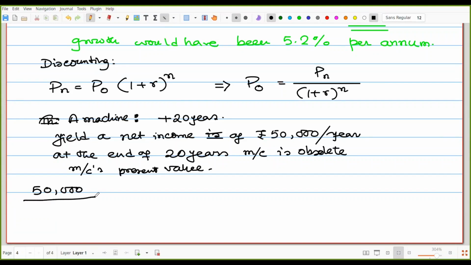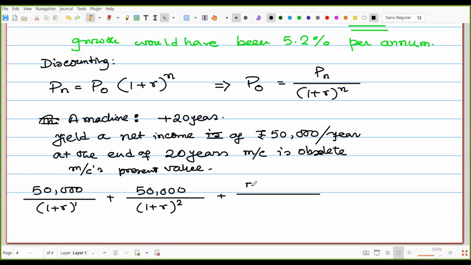We can use it in this way: 50,000 for the first year, divided by 1 plus R whole to the power 1. Then for the second year, the net income is also 50,000, divided by 1 plus R whole to the power 2. Then 50,000 divided by 1 plus R whole to the power 3. In that way, up to 20 years, 50,000 divided by 1 plus R whole to the power 20.